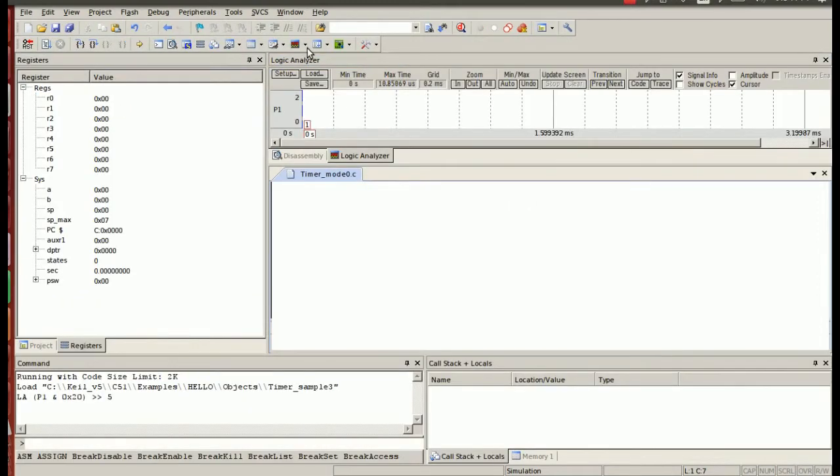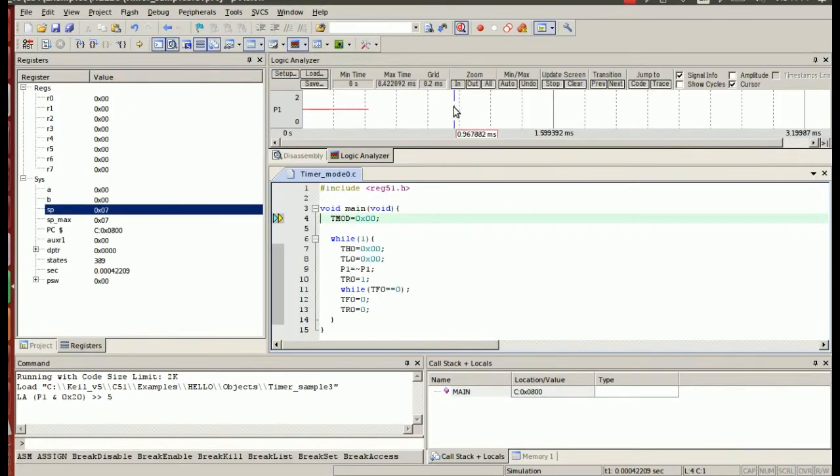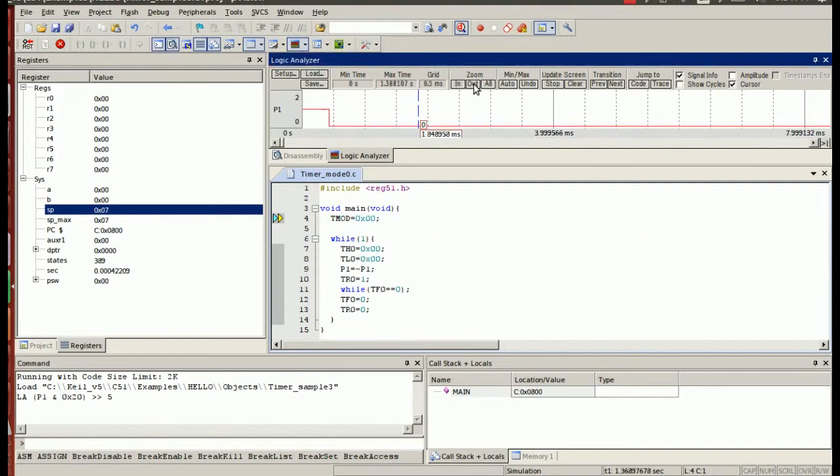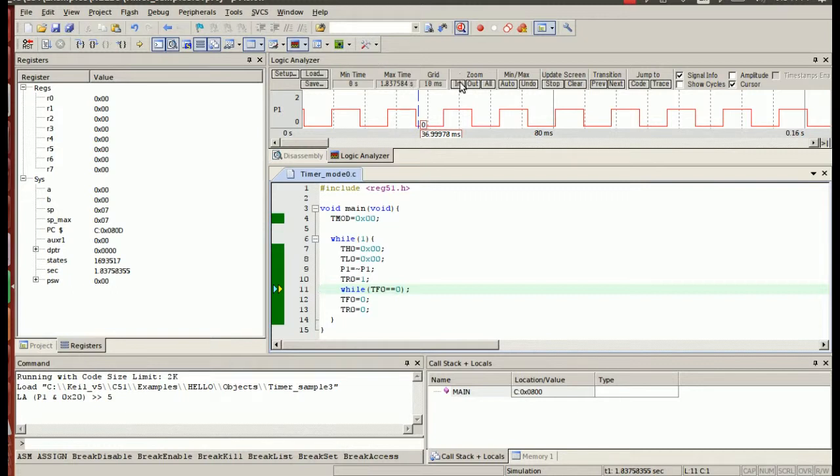Logic analyzer is already up and running. So what we are going to do is run the program. This is in mode 0, so the maximum possible delay that I expect is 8.88 milliseconds. Let me stop my program and zoom in.